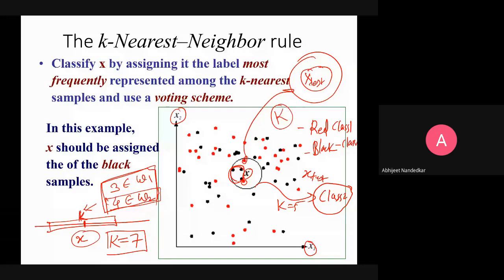Suppose I search for k equal to 5, then irrespective of the class of the data samples, we search for the closest 5 samples. Then we take a majority call, which class is the major class. So if the count of omega 1 is 3 and the count of omega 2 is 2, then we decide that it belongs to omega 1. So it's very simple.